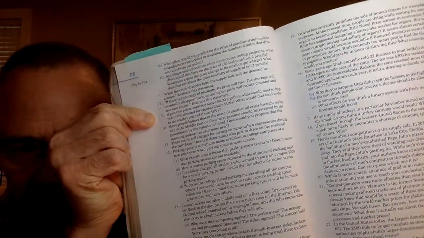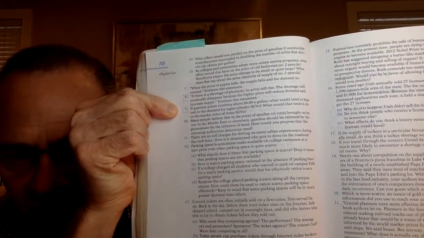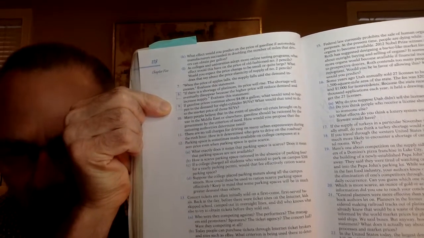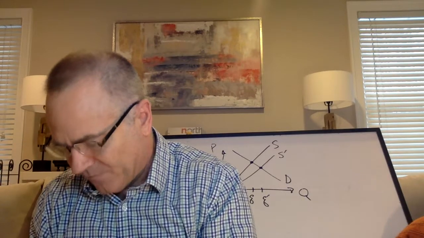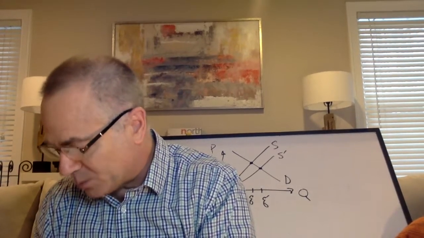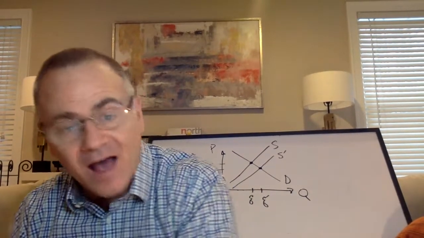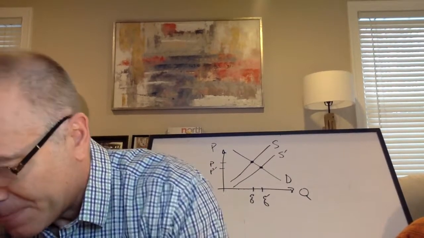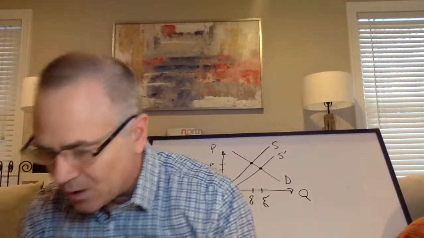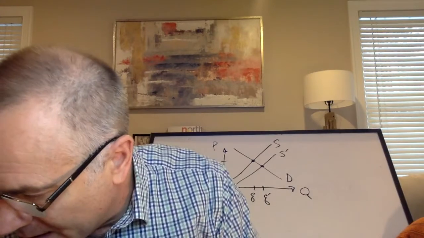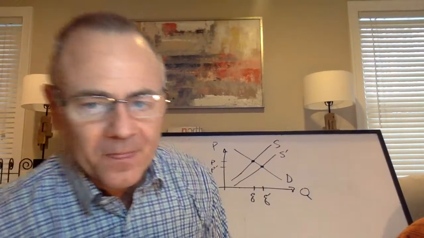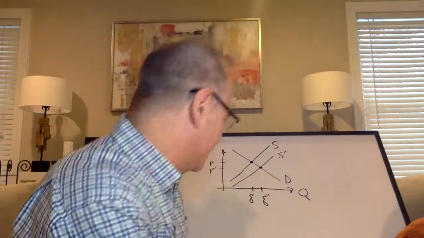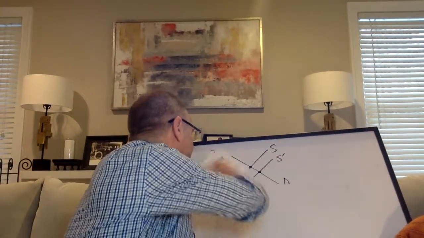Question 8. If there's a shortage of platinum, its price will rise. The shortage will eventually disappear because the higher price will reduce demand and increase supply. Evaluate this statement. So here is the idea. If there's a shortage of platinum, you may ask, why is there a shortage?